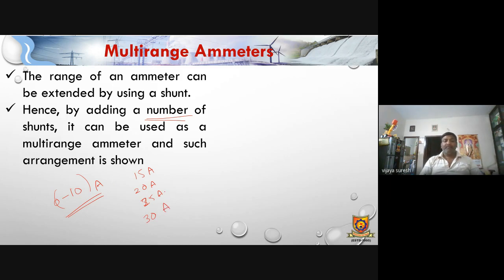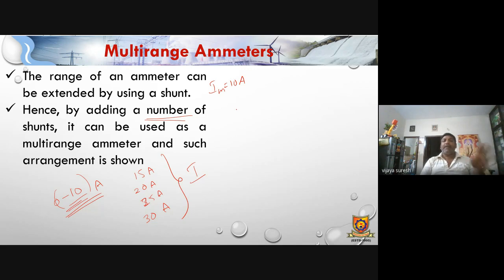Keep that in mind. With the same meter, I want to measure 15 amps of current, 20 amps, 25 amps, 30 amps. So these are the currents to be measured, nothing but capital I values. And this is the current Im, which is always 10 only, because I am providing you a 0 to 10 amps range ammeter only.